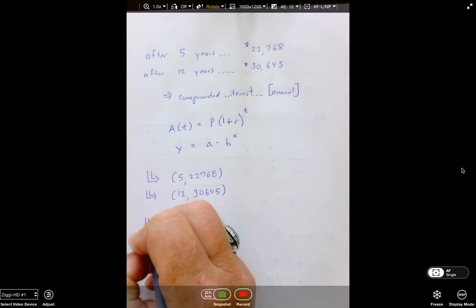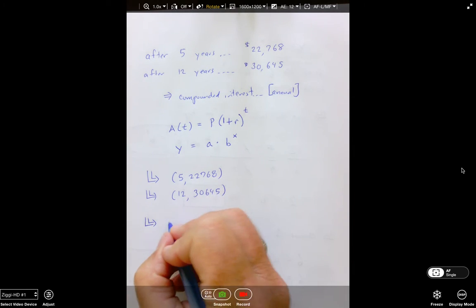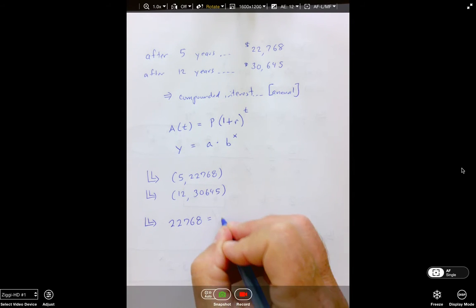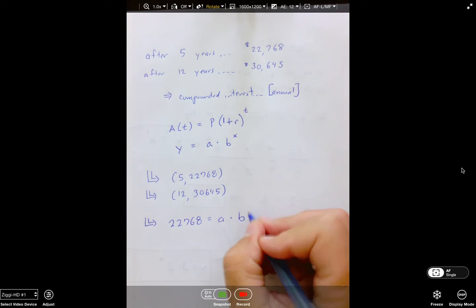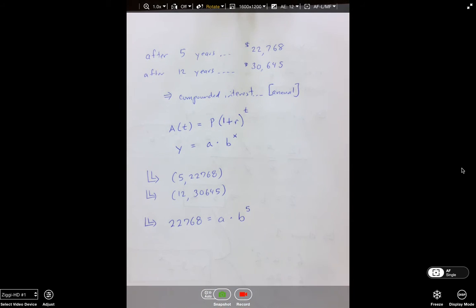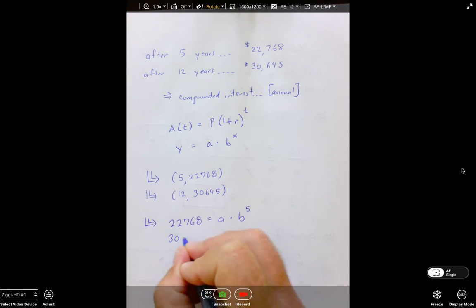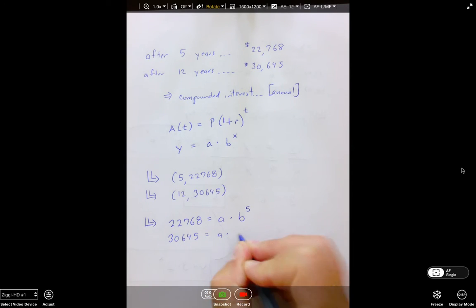The first relationship tells me that y equals a times b to the 5th power, and when y equals a times b to the 12th power.